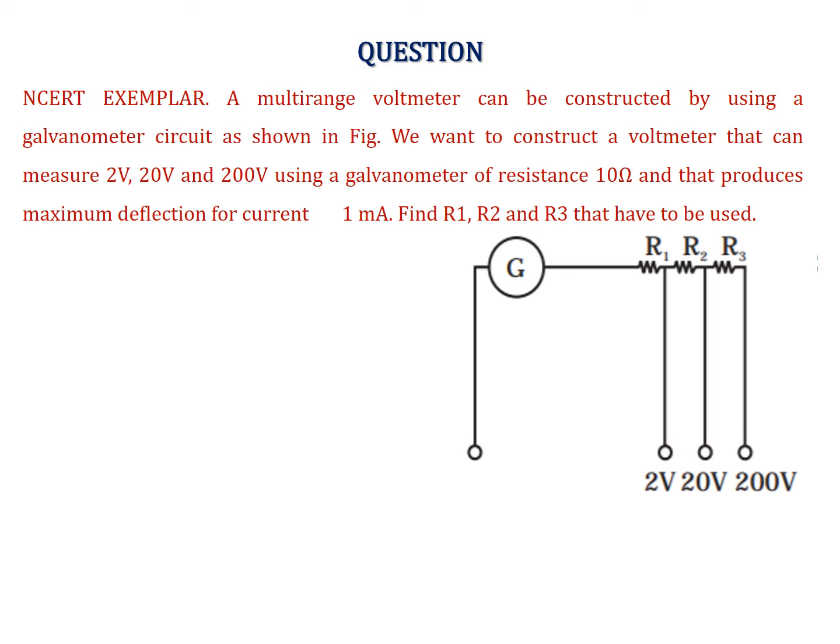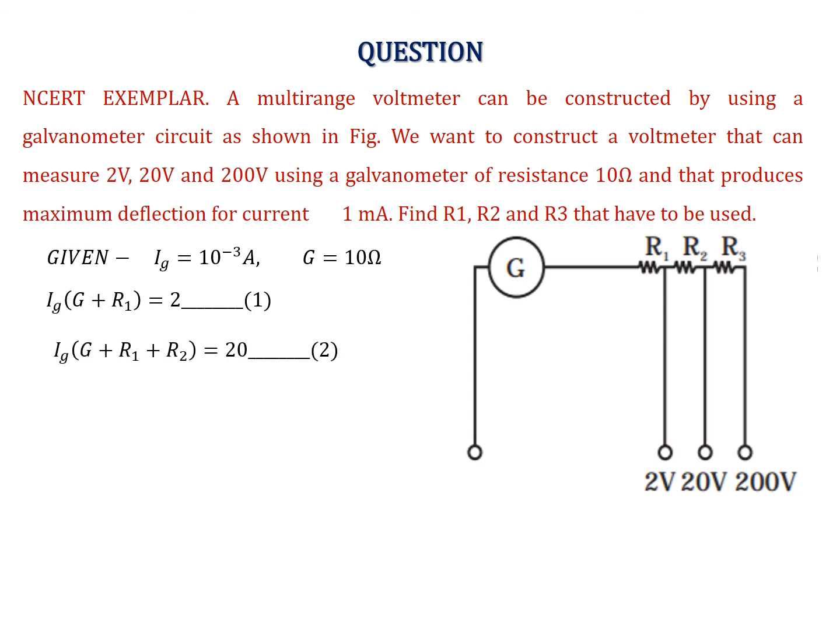Given is current through galvanometer is 1 milliampere and resistance of galvanometer is 10 ohm. First let us convert the galvanometer into a voltmeter of range 2 volts. We know that V is equals to IR. So 2 is equals to Ig within brackets G plus R1.